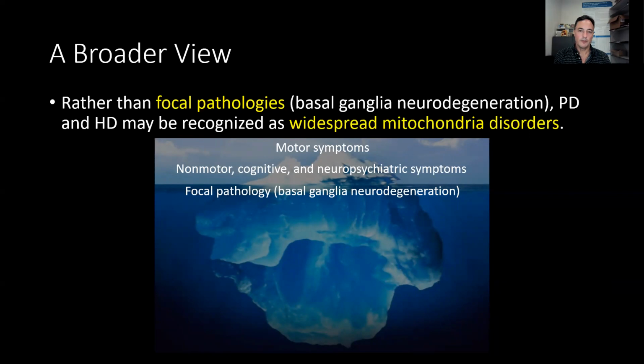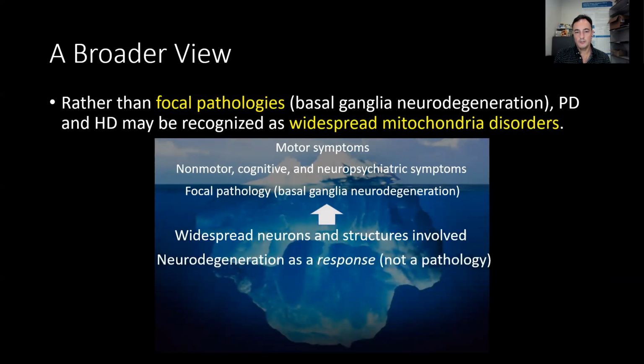The bulk of studies and research, I would say, is focusing on trying to understand or treat the iceberg at this level. But if you go deeper, I think a number of researchers are starting to realize more and more that Parkinson's and Huntington's involve widespread neurons throughout the brain and other structures throughout the body.